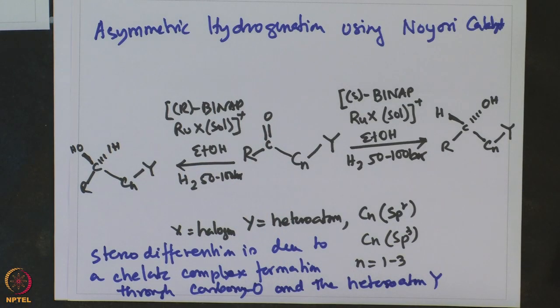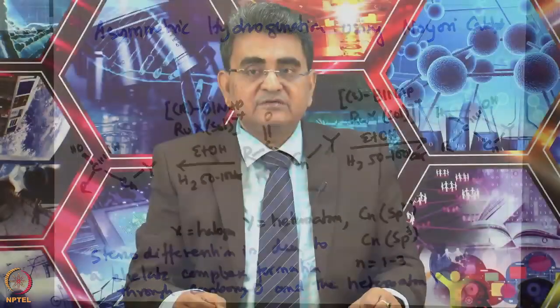So, this is a beautiful example where the role of this heteroatom adjacent to the carbonyl group getting hydrogenated is appreciated. So, with this I would like to draw today's conclusion on our discussion on hydrogenation of alkenes.